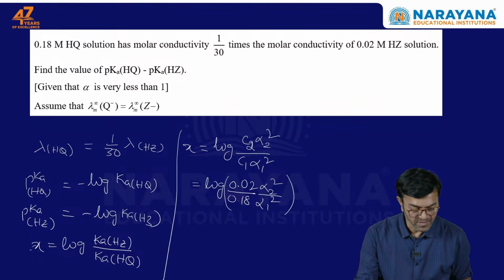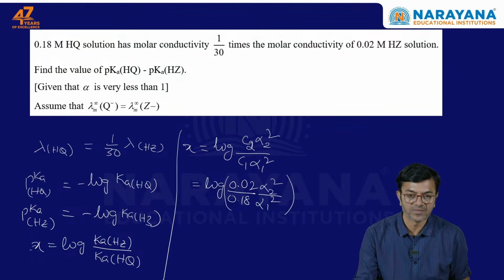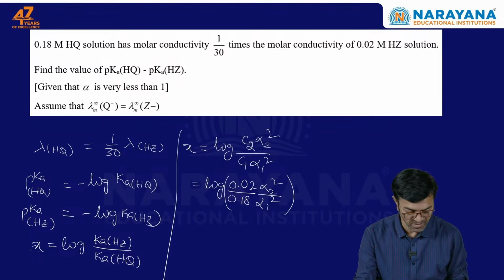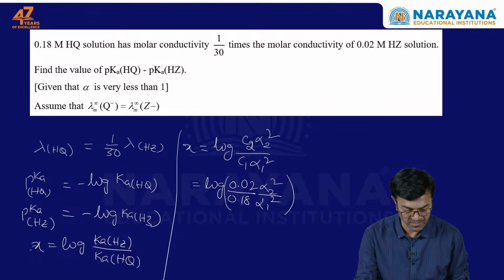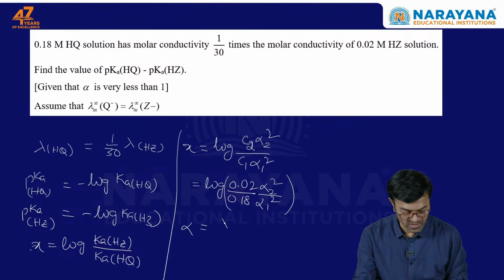As alpha is less than 1, in the denominator 1 minus alpha I am approximately taking 1, so that is not included in this formula here. That is understandable. And he is also saying that the molar conductivity of HQ is 1 by 30 times of molar conductivity of HZ. So alpha is equal to, as per Kohlrausch law, lambda m by lambda infinity.